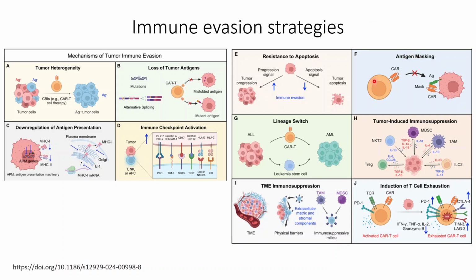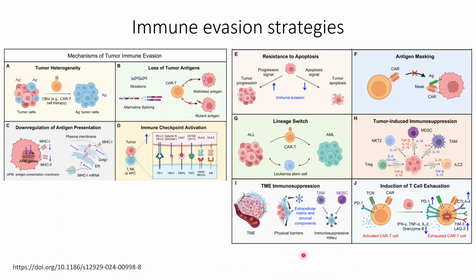It can mask its antigen, it can switch its lineage, it can induce immunosuppression in the environment, it can cause cells to become pro-tumor. It can enhance regulatory T cell function, so that goes and inhibits other T cells. It can induce these cells. These are tumor-associated macrophages and myeloid-derived suppressor cells. The tumors essentially make them pro-tumor, so they start supporting the tumor function.